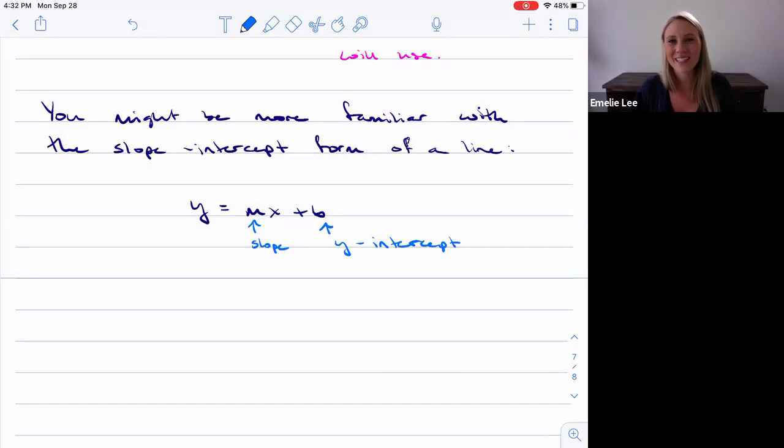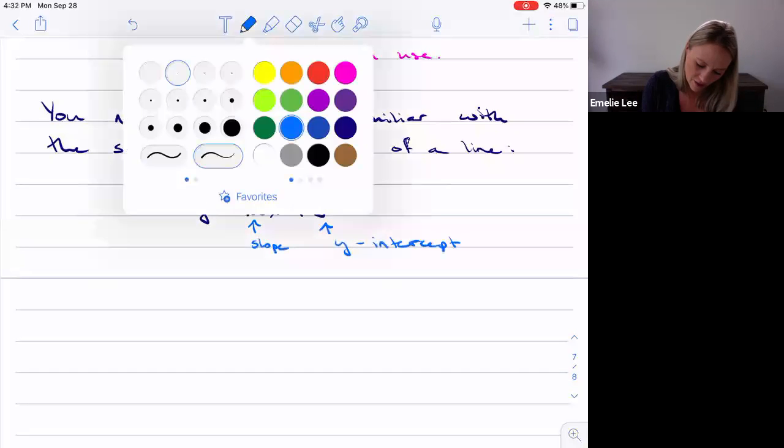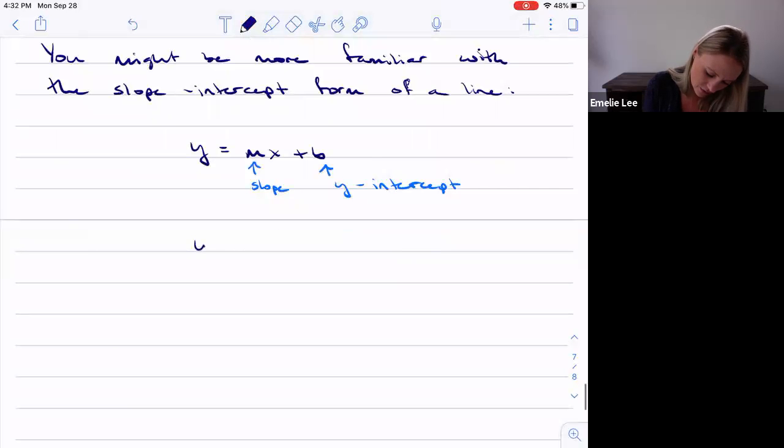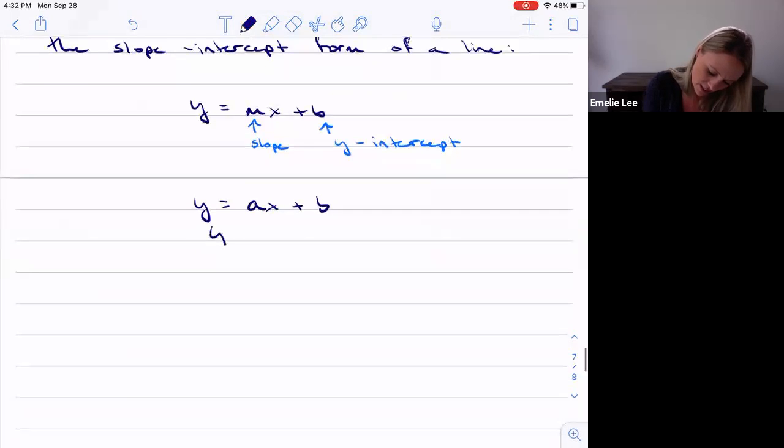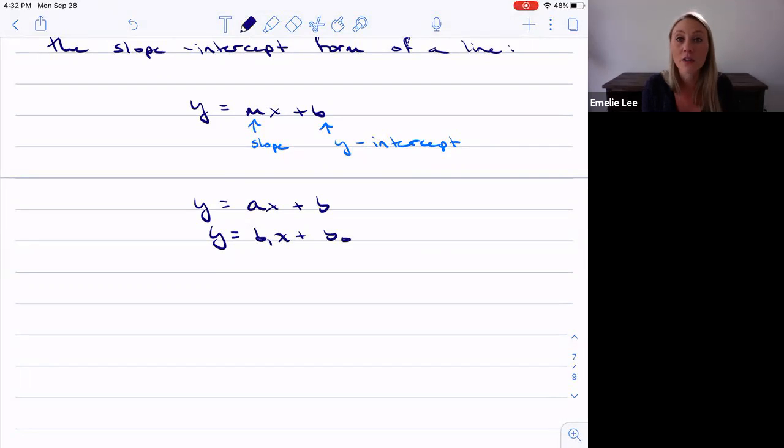For some reason, y equals mx plus b really took off. There must be some reason why they just started teaching us y equals mx plus b, but really, I'll erase this later, but in stats, you would use y equals ax plus b, or y equals b1x plus b naught. They all look the same, right?